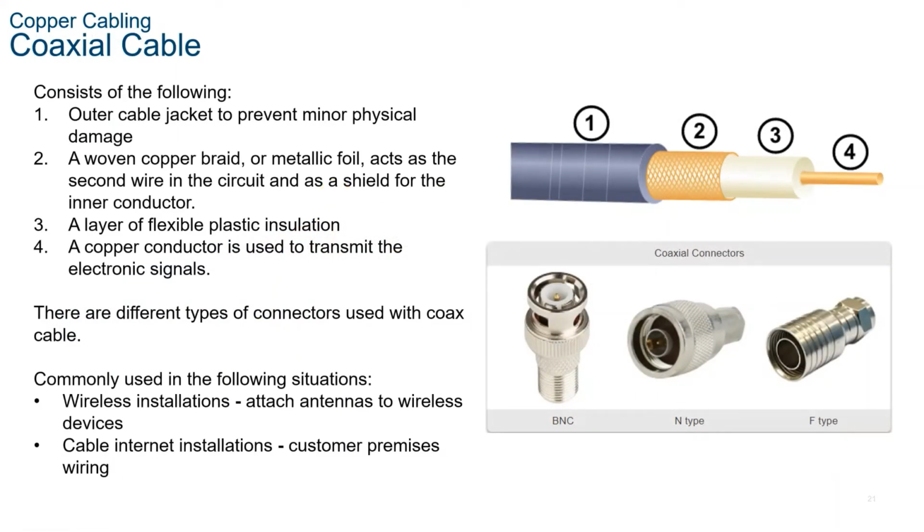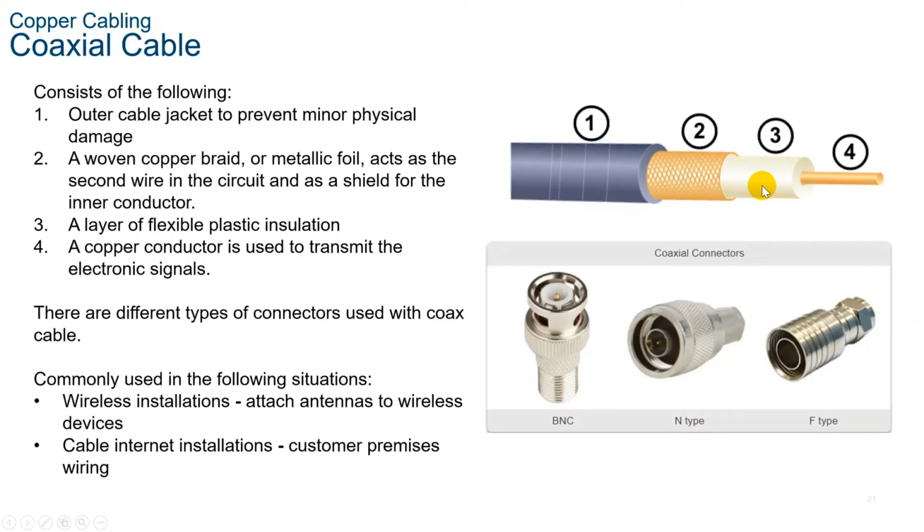The third type of cable used is coaxial cable. Coaxial cable, or coax for short, gets its name from the fact that there are two conductors that share the same axis. As shown in the figure, coaxial cable consists of the following. A copper conductor is used to transmit electronic signals. A layer of flexible plastic insulation surrounds the copper conductor.